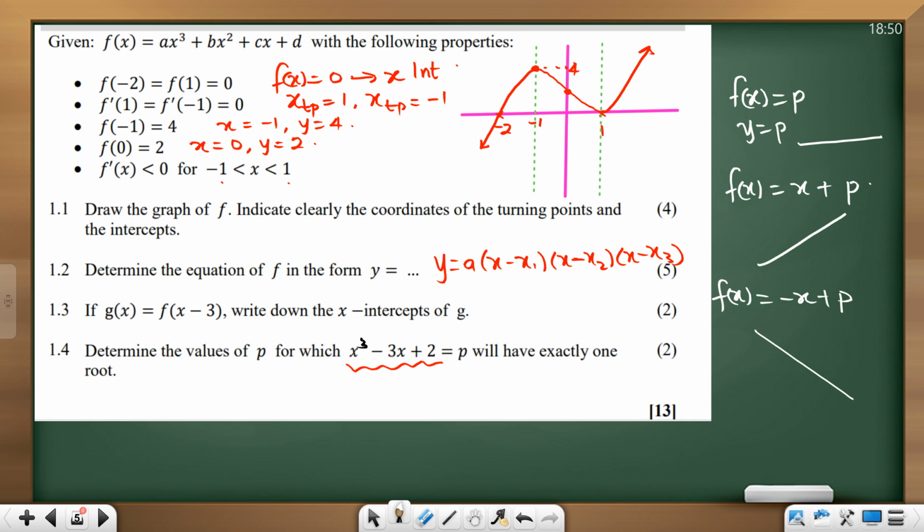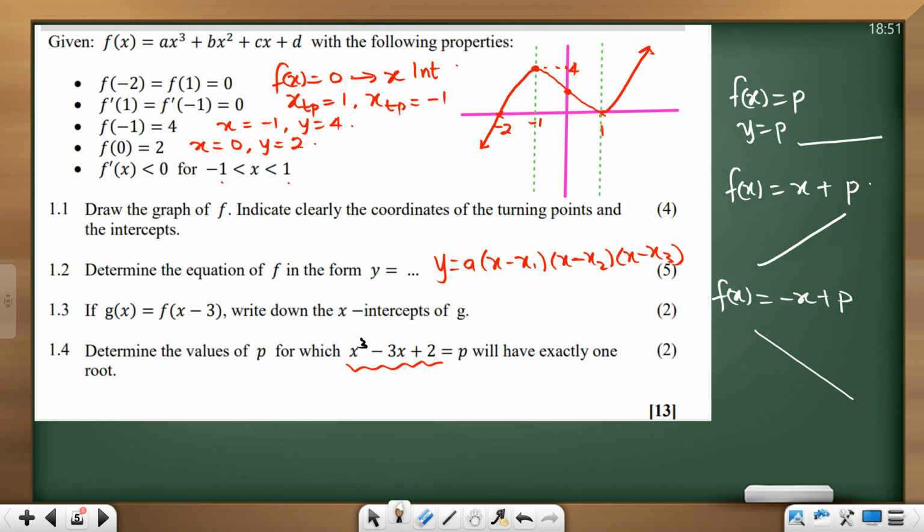You look at the type of line the examiner is referring to. Please, are we okay with this? y equals p is a horizontal line. y equals x plus p, the gradient is now 1. The line is no longer horizontal. It's now an increasing function. Negative x plus p is now a decreasing function.